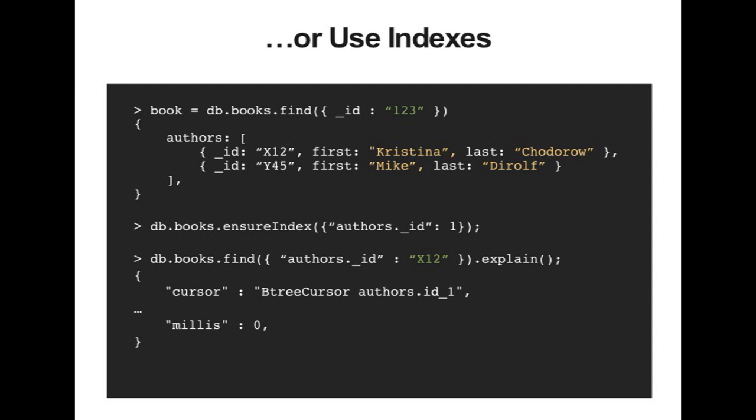Now, one of the great things about MongoDB is that all elements in the structures are indexable. So typically, you wouldn't think of this, but you can actually create an index on those underscore IDs inside the authors field directly, and that will now be efficient. So if I've got the book and I do the lookup, I can find directly from within the books collection all the places where Christina, who's X12, may exist.